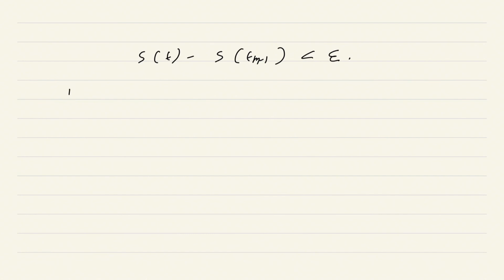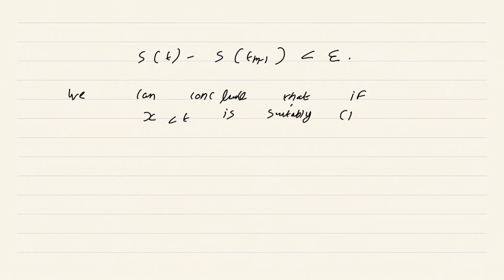So we can conclude that if x less than t is suitably close, then s(t) minus s(x) is less than epsilon.